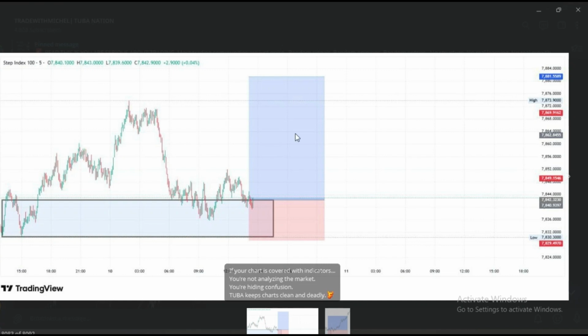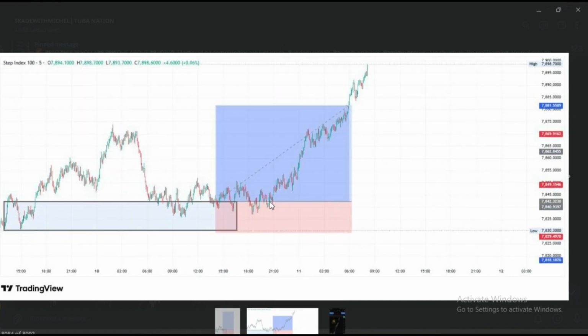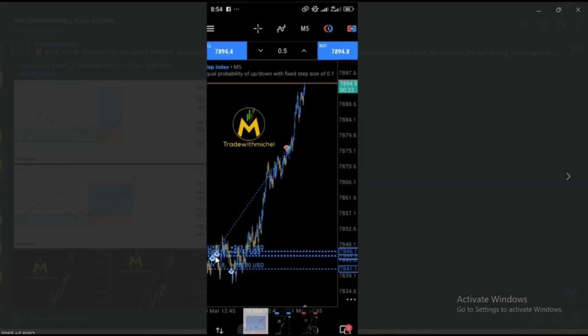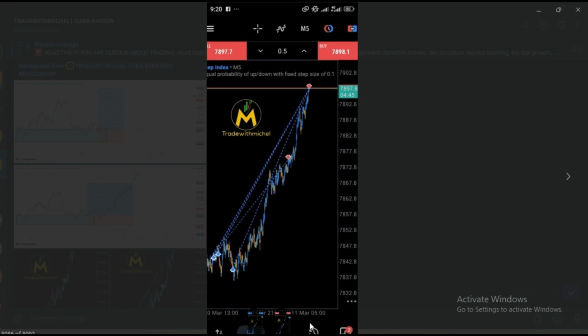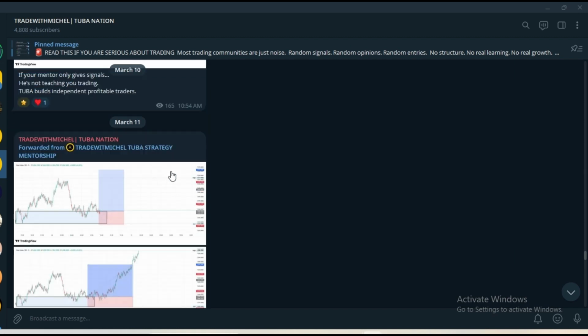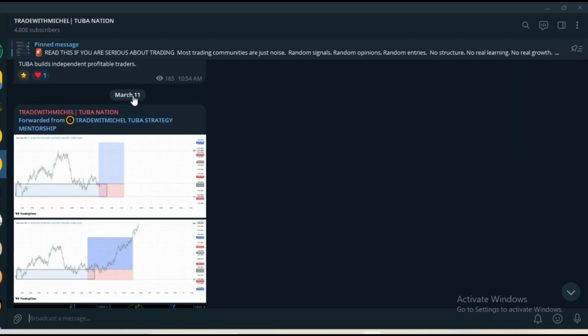I've shown you the process of this trade, how I got this, and what makes me map this. You see this point, that's why I pick my first entry, and this is the profit. This is the time I take my first entry, my second entry, and this is where I take my profit. So everything is here step by step. You can still come here and check it up. That is on March 11th, 2026.